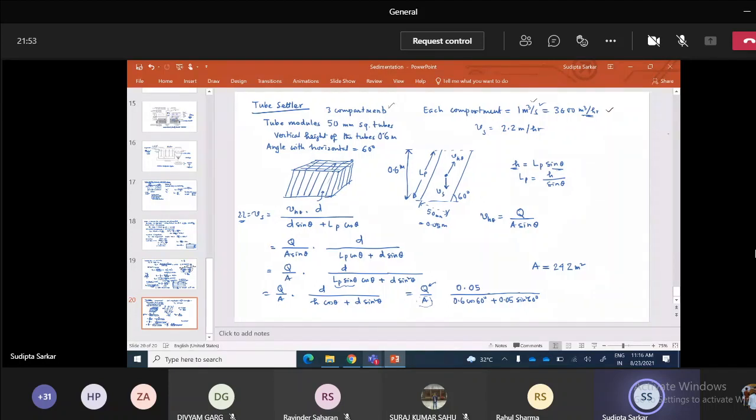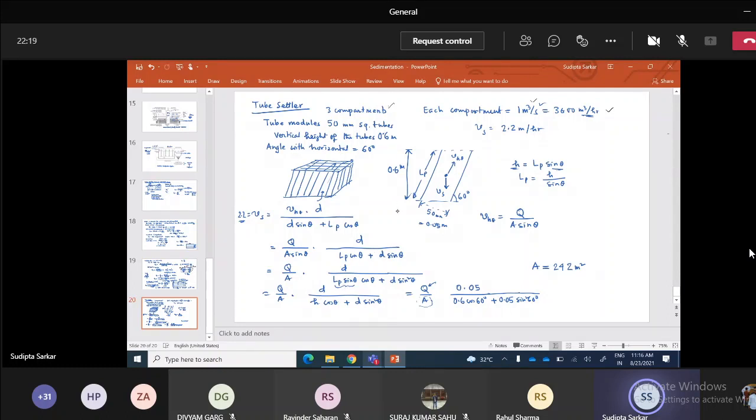Then we tried to find out what will be the area of each of this compartment if we provide tube settlers. We put in this formula, so we found L_P sine theta equals h, or height.